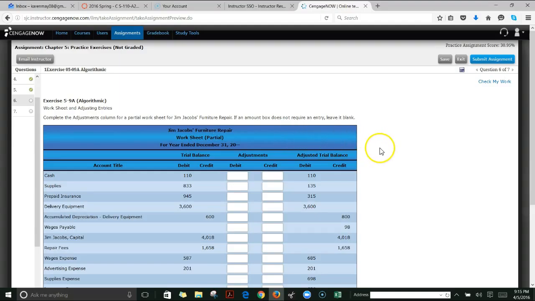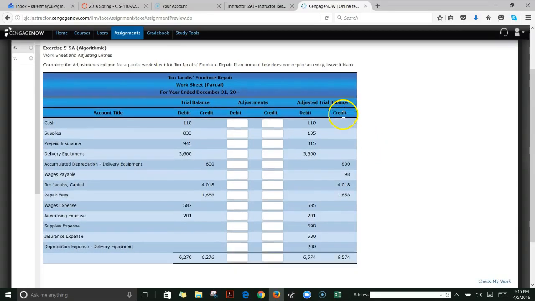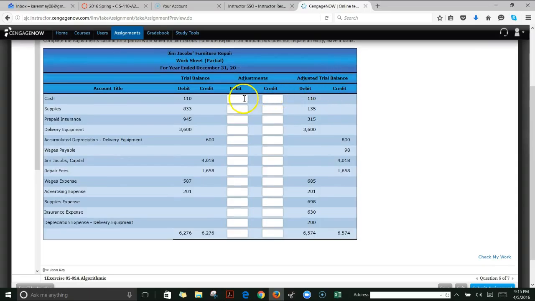Okay, practice problem 6. This is your worksheet and adjusting entries. They want you to complete the adjustments column for the worksheet. So we have an adjusted trial balance column. If the trial balance and adjusted are the same, then you don't need to do anything. Here for supplies, we had $833, and we're left with a debit balance of $135.